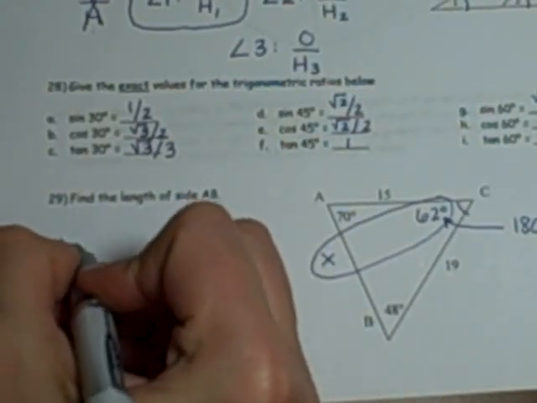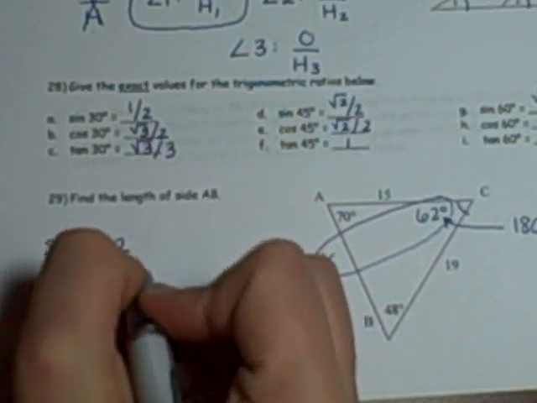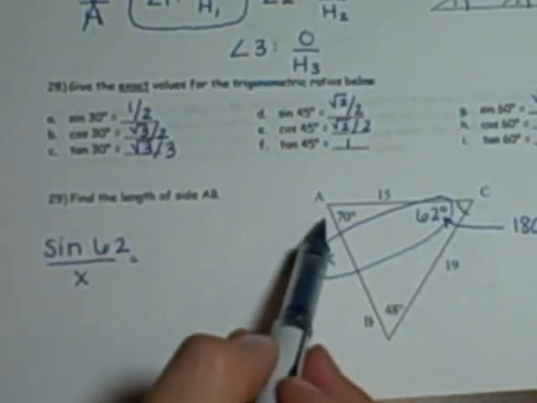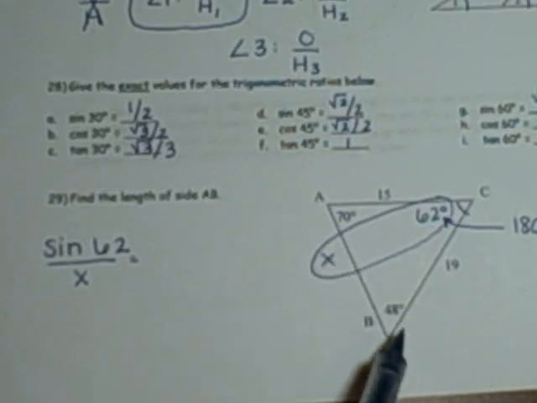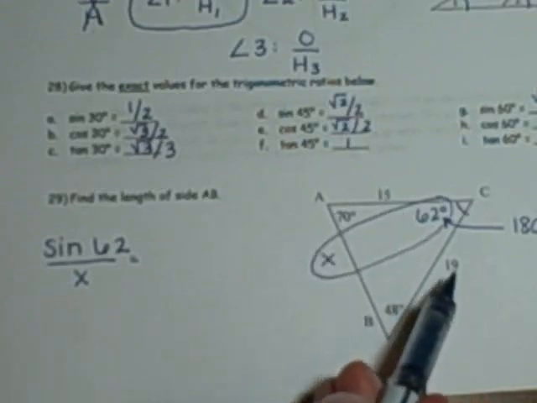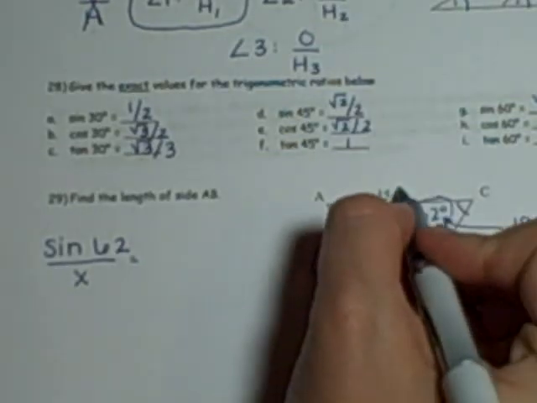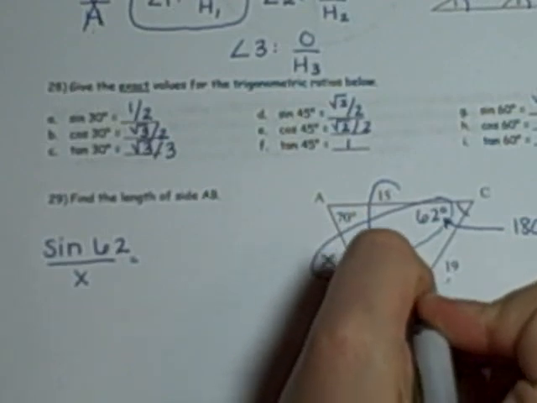Sine of 62 over x equals, and then we need to pair it up with either of the other pairs. I could actually use either one. I could do the 48 and the 15, or I could do the 70 and the 19. Makes absolutely no difference to your answer. I'll just go ahead and use the 48 and the 15.